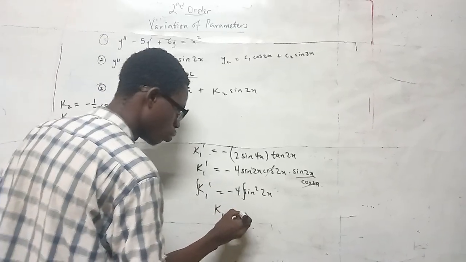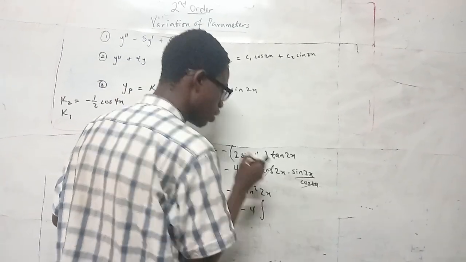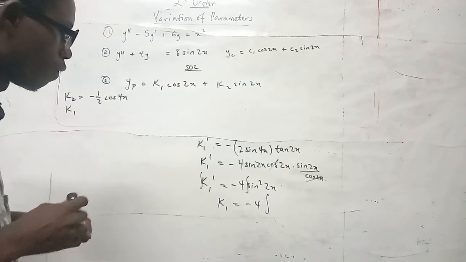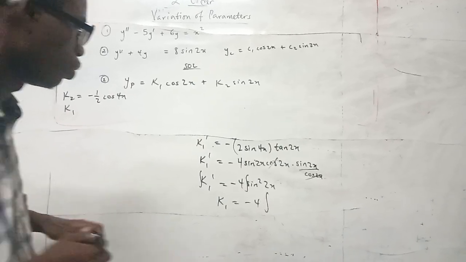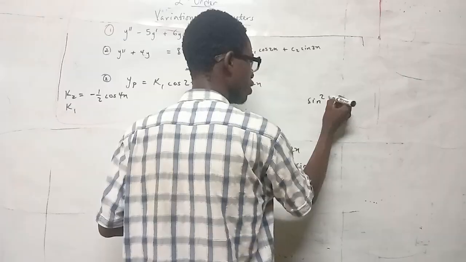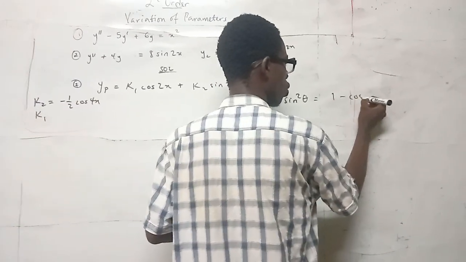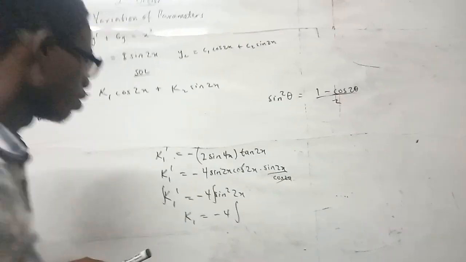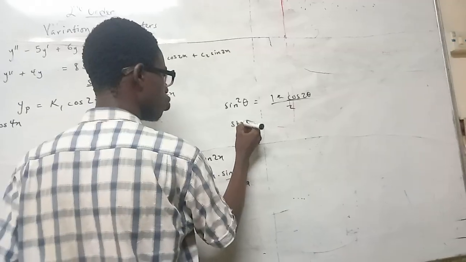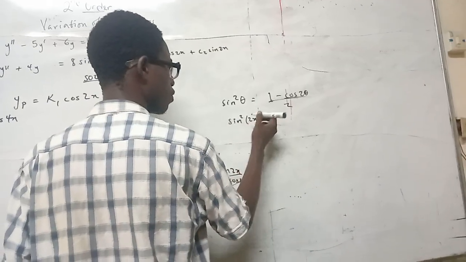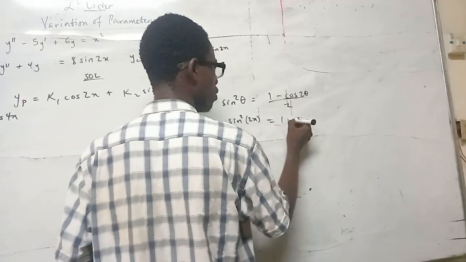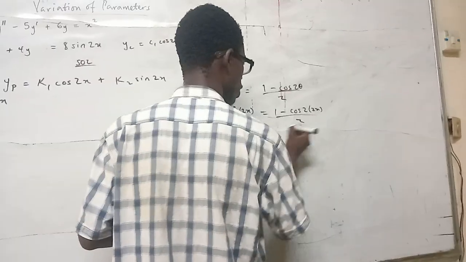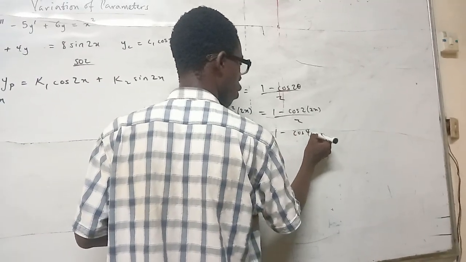So this means k1 equals minus 4 integral of sine squared 2x. We cannot just integrate this straight away. We can render it in the form of an identity: sine squared theta equals 1 minus cos 2 theta, all over 2. Our theta is now 2x, which means sine squared 2x equals 1 minus cos 4x over 2.